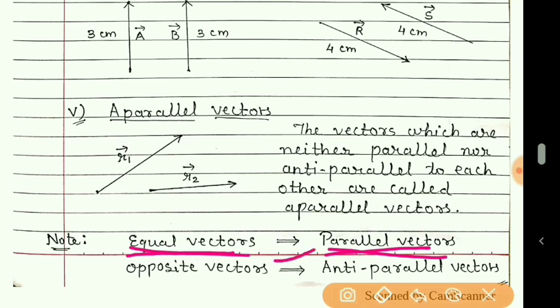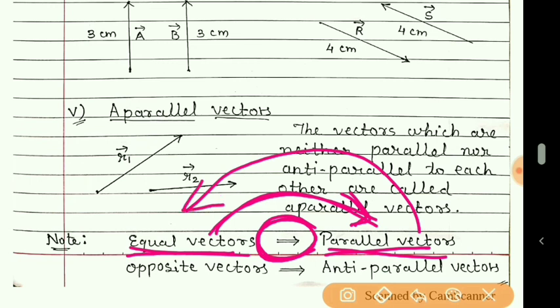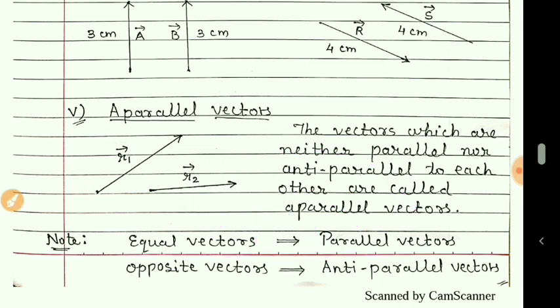See, a single implies sign is there. This is an implies sign. A single implies sign indicates that this direction is correct, but the opposite may or may not be correct. Similarly, you can see for the opposite vectors.